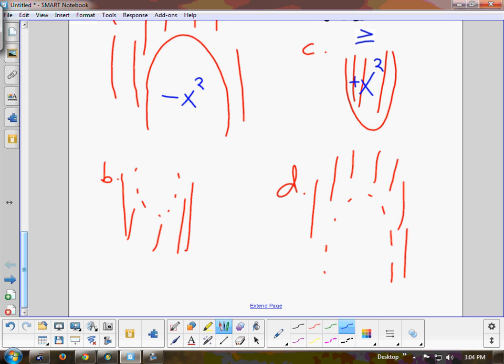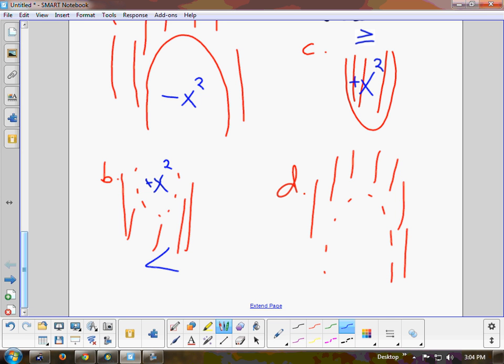B is a dotted line, so it's less than, and it's below. And it's a happy face, so it's positive x squared. D is a dotted line, and it's above. Oh, I'm sorry, did I draw D wrong? No, I drew D right.